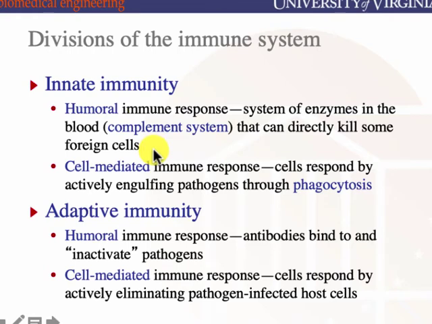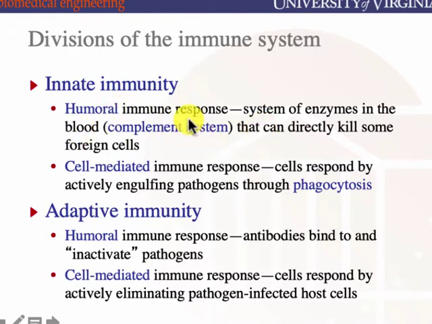All right. Again, just a rehash of an earlier slide. Innate immunity. We're going to divide both innate and adaptive immunity into two different systems. Those of the blood circulating factors, what we call the humoral immune response, which is a system of enzymes and other proteins.